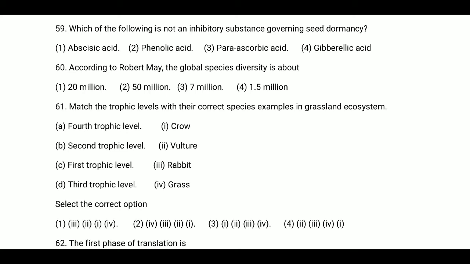First trophic level is grass. Third trophic level is crow. Okay, producer, consumer, like that you have to go on answering the question. Okay, so in that manner the right answer should be fourth option.